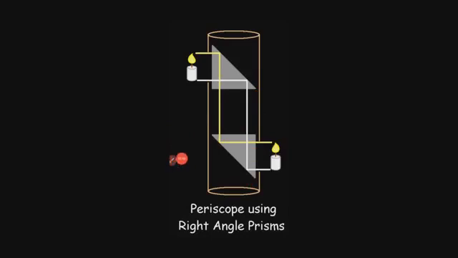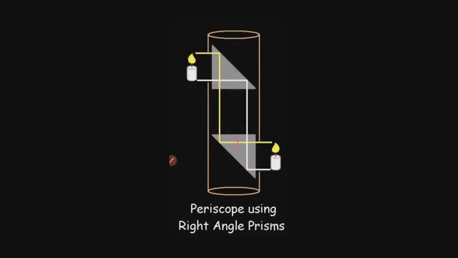This side is kept at a 45-degree angle, and this side is also kept at a 45-degree angle. There's a coating here and also a coating here, so that the light gets reflected.